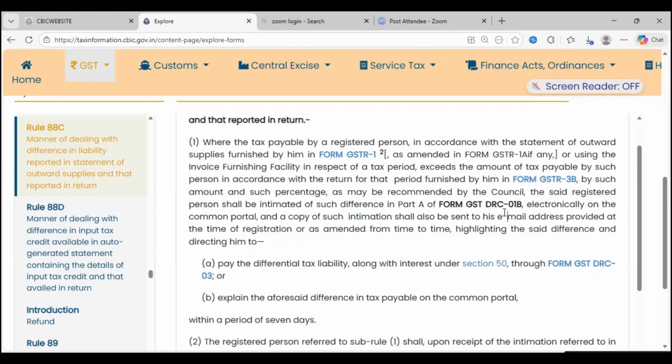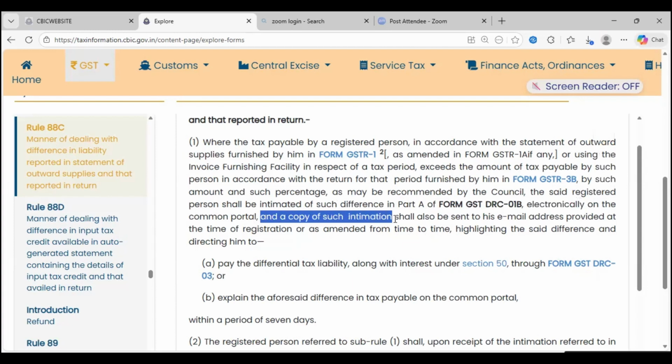So here DRC-01B is a show cause notice kind of thing. Not a notice exactly, but it is like a notice. This has got Part A. Part A is going to mention what violation you have done. Electronically, not manual, it's automated on the common portal.